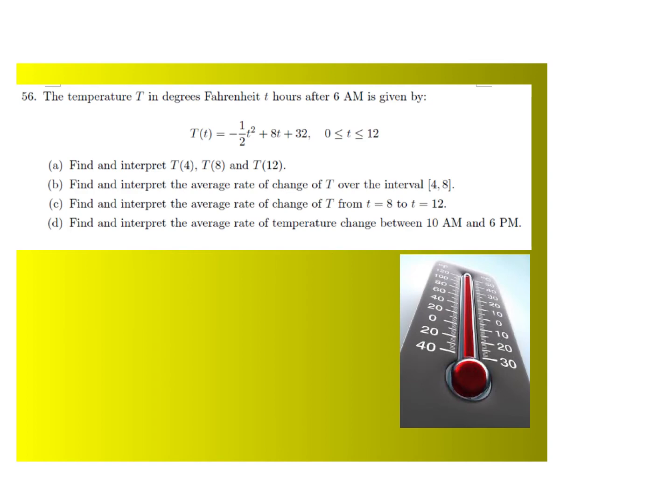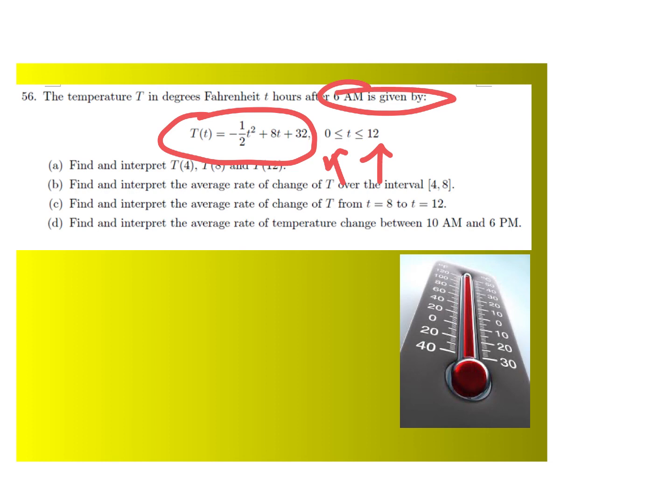Same thing except context. So here's an equation, and they're saying that we only consider between 0 and 12. That's like for temperature compared to time, and the time is hours after 6 a.m. So if you're 0 hours after 6 a.m., that's 6 a.m. And then if you're up to 12 hours after 6 a.m., that's 6 p.m. And they're basically saying your temperature will follow this curve.